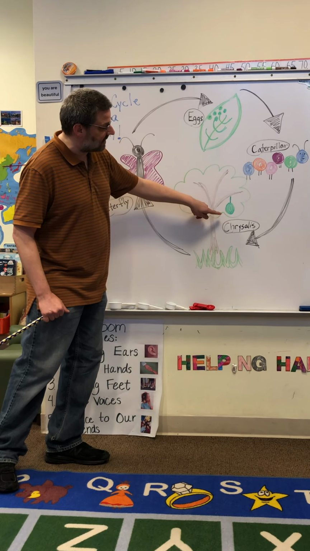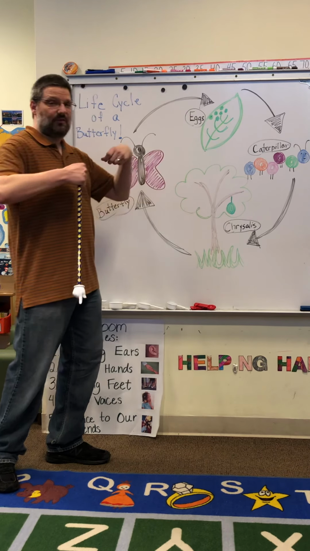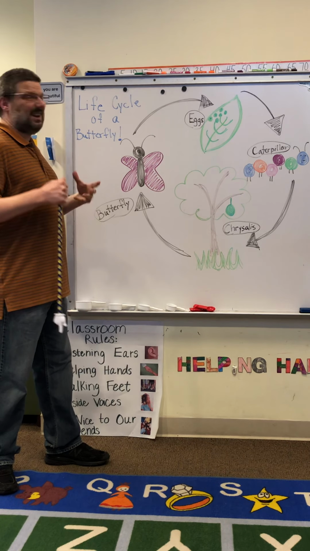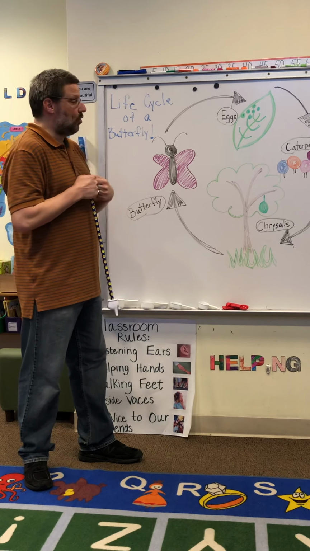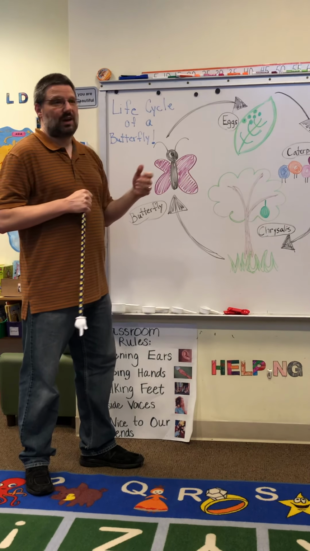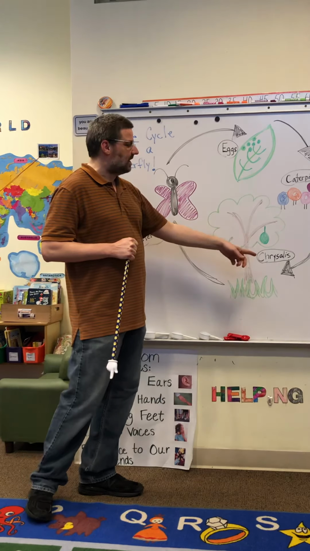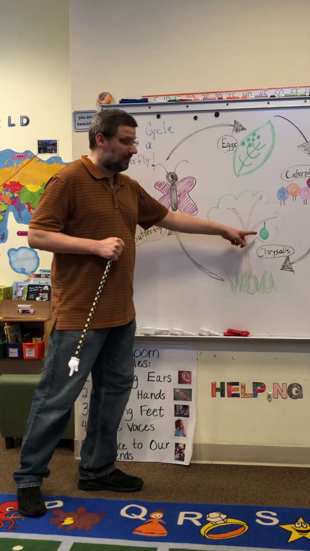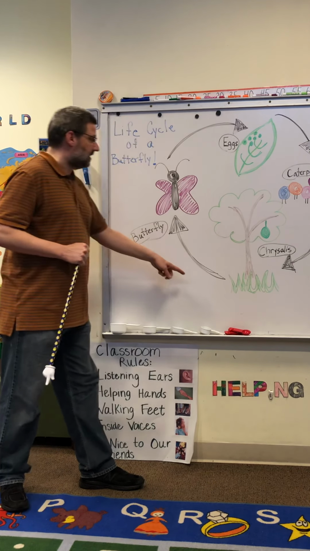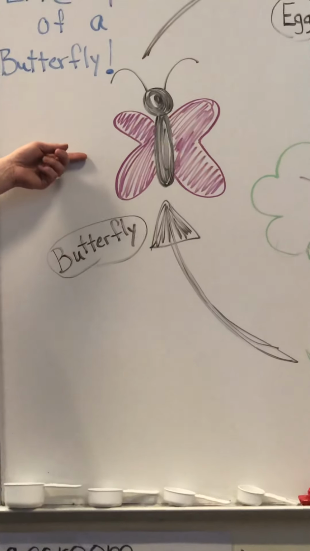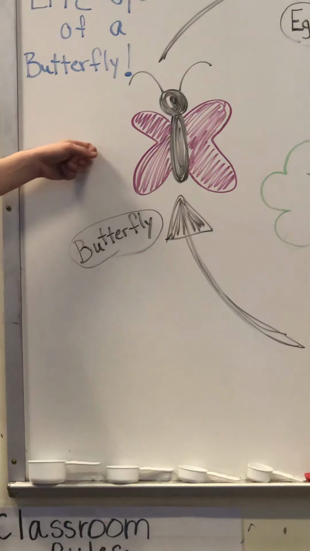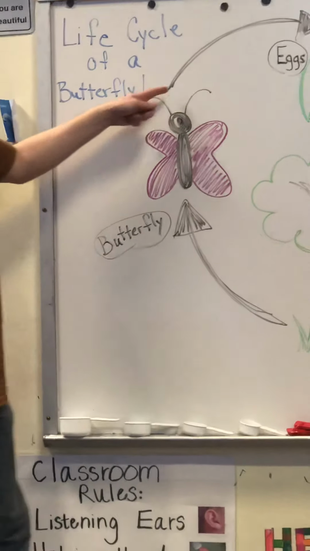And it's called a chrysalis, and it covers itself up with that, more like a blanket than a case. It covers itself up. You can't see the caterpillar anymore. And then after a couple days, maybe a week or so, it comes out of the chrysalis, and it is a butterfly. Okay, and then the butterfly starts to lay eggs.